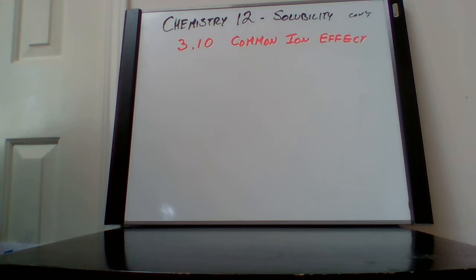However, all of these values are based on pure water, which isn't all that common. Most water, even that bottled water that you like to drink, does have dissolved ions in it, although usually those concentrations are quite low. Because of this, if I have a certain ion in the solution, it can have an effect on solubility.